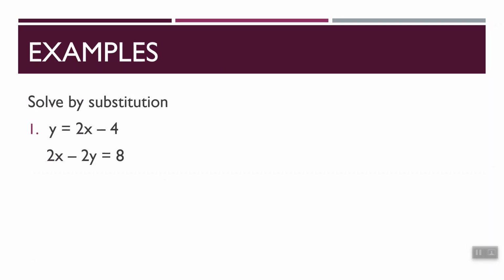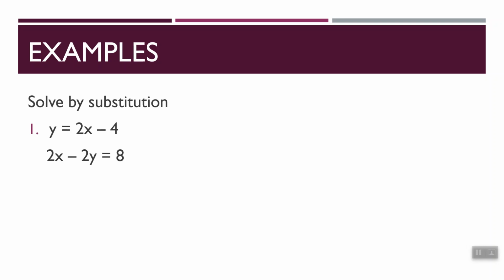So the first system, we have y equals 2x minus 4 and 2x minus 2y equals 8. The first step said to look for one of the equations where the coefficient in front of the variable is a 1 and solve for that variable. Well, you'll see in our first equation, it's already solved for y. And sometimes this happens with substitution where one of the equations is already set up.